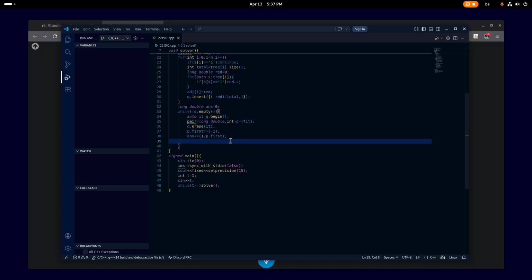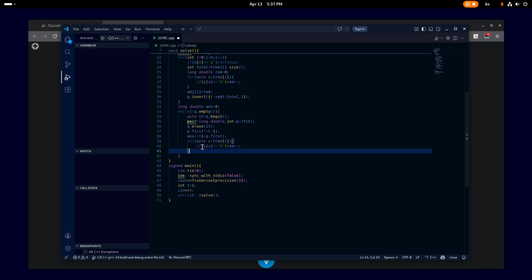So again, something like this. 3 of p dot second. Yeah. Now if they are red, I guess continue.